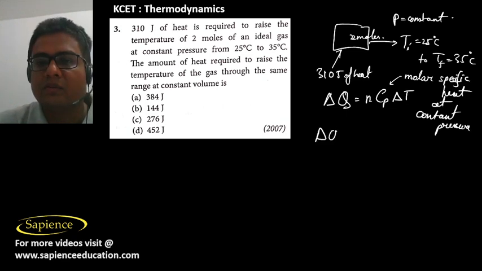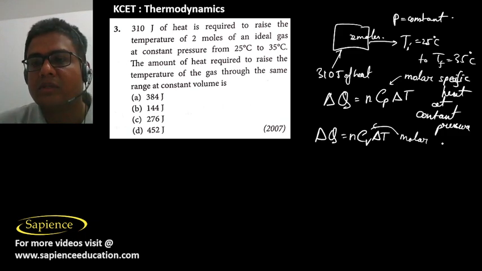And delta Q will be equal to n Cv delta T when heat is being supplied at constant volume, where Cv is the molar specific heat at constant volume.